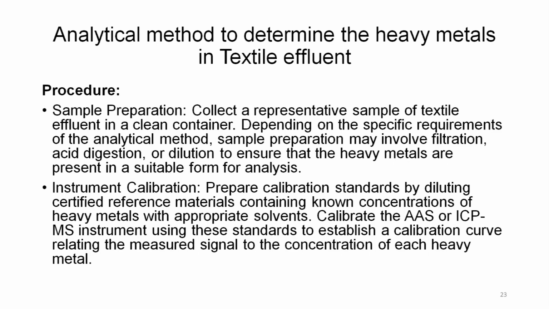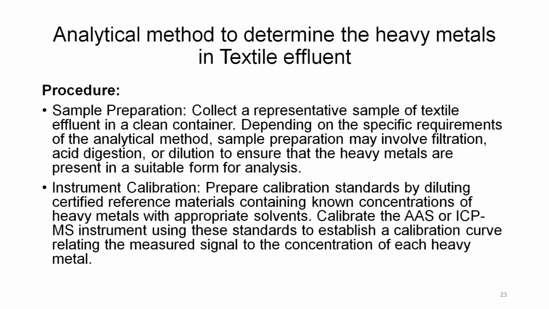Procedure: sample preparation. Collect a representative sample of the textile effluent in a clean container, depending on the specific requirements of the analytical method. Sample preparation may involve filtration, acid digestion or dilution to ensure that the heavy metals are present in a suitable form for analysis.